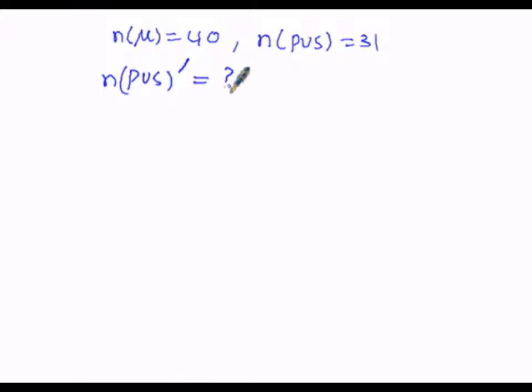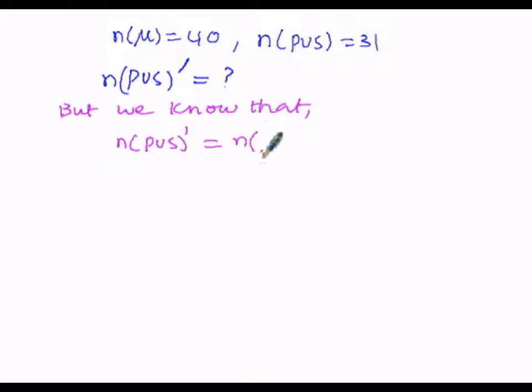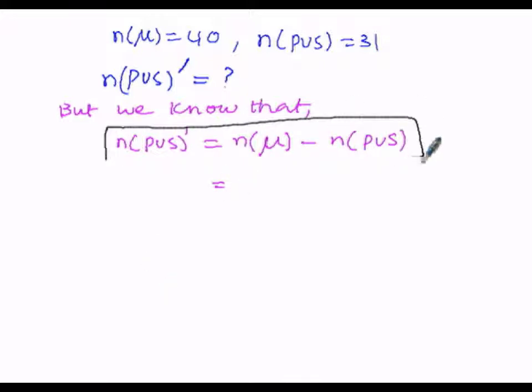We know that n of P union S whole dash is n of mu minus n of P union S. Based on this formula, it is 40 minus 31. Plus of minus is minus, so subtracting, 40 minus 31 is 9. To assign the sign of 9, 40 is greater than 31 and 40 is positive, therefore 9 is positive.